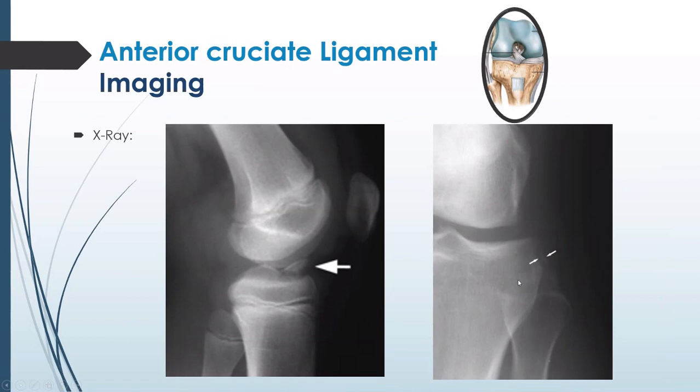Otherwise, we can see some kind of Segond fracture. A Segond fracture is a chippy fracture on the anterolateral aspect of the proximal tibia, usually associated with ACL. This is pathognomonic for ACL. It is rare to see these kinds of X-rays. Usually the X-ray is normal.